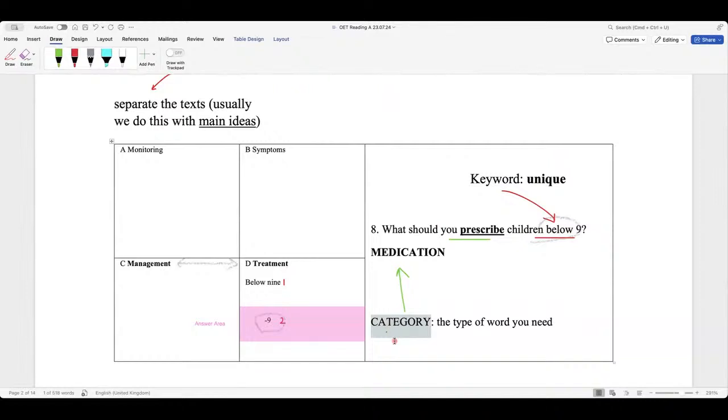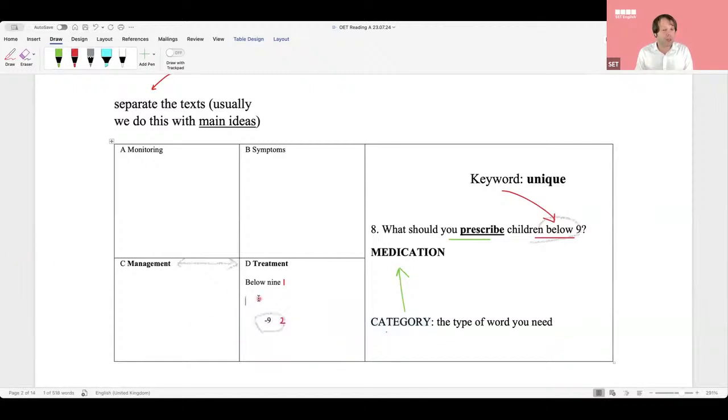Now, this is really, really good because what often happens, and I always ask this, but I'm going to ask again, does anyone ever forget the question? Yeah. I do. Always. So the big problem is that you find your keyword, but you forgot your question. Now you need to reread the question, and it's taking more time.